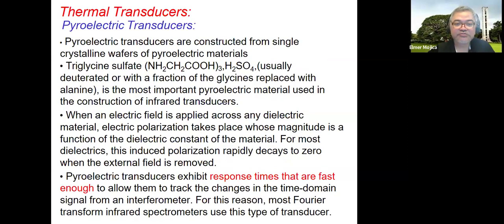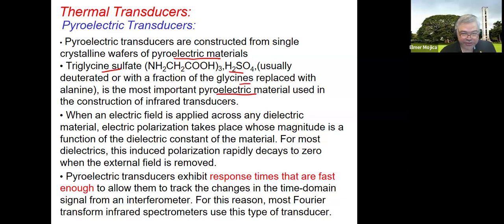And the last that we have here is the pyroelectric transducer. So they are constructed from single crystalline wafers of pyroelectric material. Some of these pyroelectric materials that you have are triglycine sulfate, and the deuterated one with a fraction of the glycine.